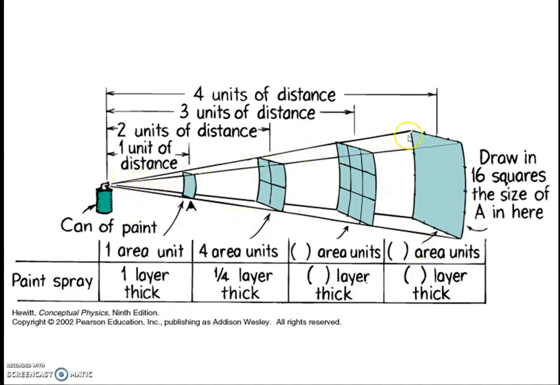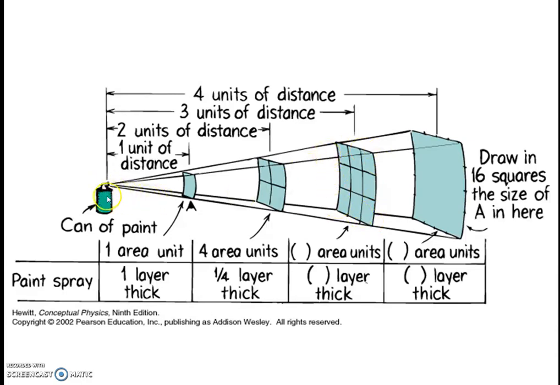Basically, the paint spreads out inversely with the square of the distance, so that the same amount of paint covers the square of the distance more area. So that means it would be 1 over the distance squared as intense.